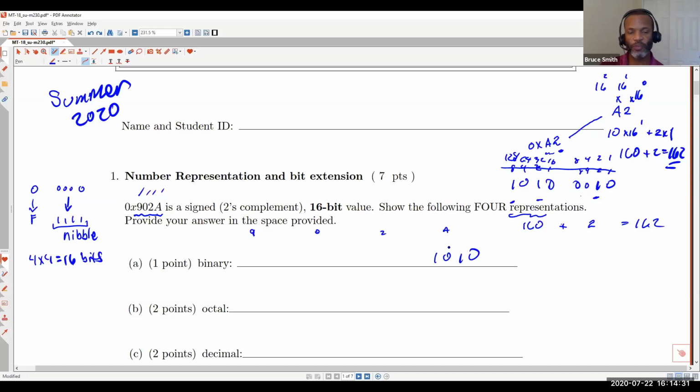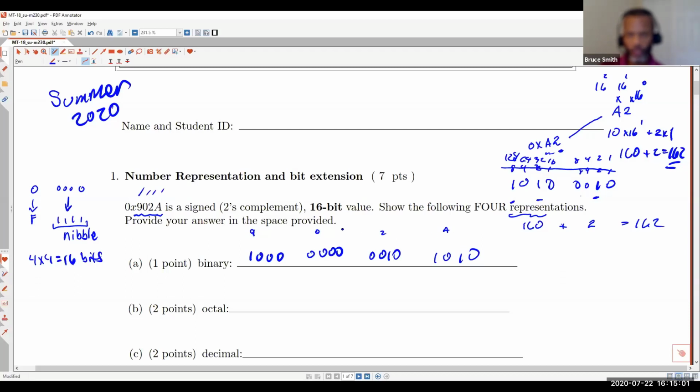And I'm going to do the same for each one of these. I know that a 2 looks like this, and of course a 0 is this, and a 9 is this value right here. So that is the binary representation of this hexadecimal value. That's my 9, 0, 2, and 10.